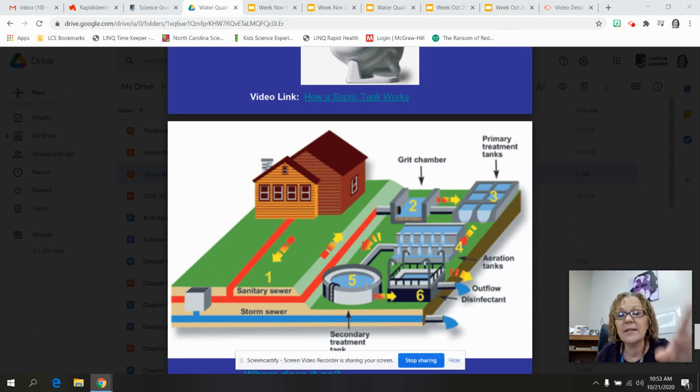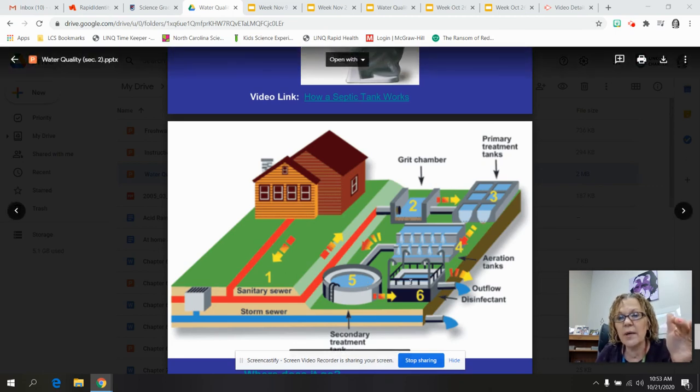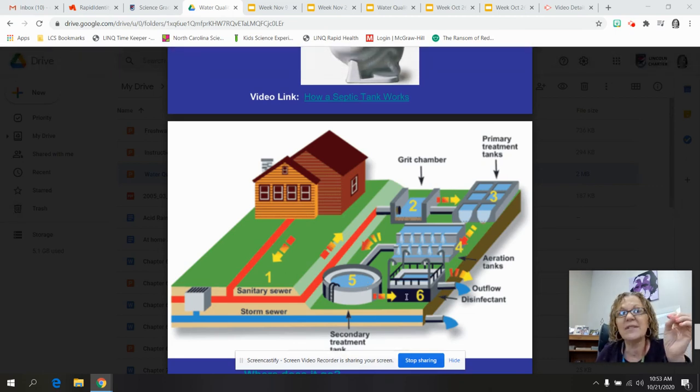Then it's going to go to the secondary treatment plant, where it will be treated and clean enough in order to consume or use. And then it's going to number 6, where it adds any kind of disinfectant as a last resort. And then it goes back out of the pipe and back into our homes.